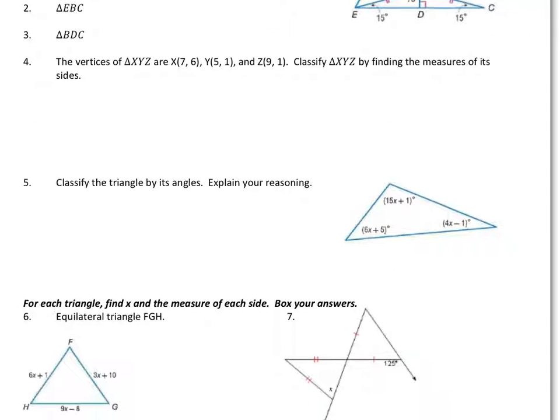Number 4 is a little tricky because they give you 3 points, the vertices of the triangle, and you're going to find the measure of each side, and then classify it, whether it's isosceles, scalene, or equilateral. Now, in order to do that, you need to find the length of each side: XY, YZ, and XZ.